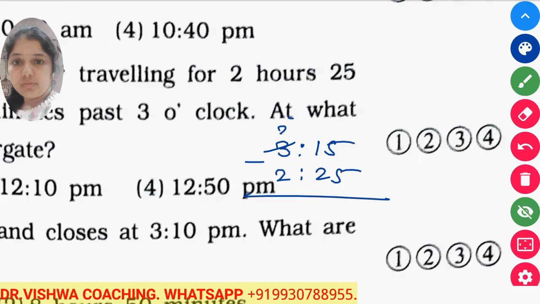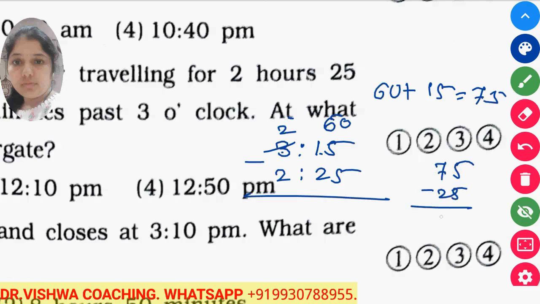So it becomes 2 and here it becomes 60. Now 60 plus 15 becomes 75 minutes. Now we have to subtract 25 minutes from this 75 minutes. So 50 minutes remain. Here the subtraction gives 50 minutes. Now 2 minus 2 becomes 0.